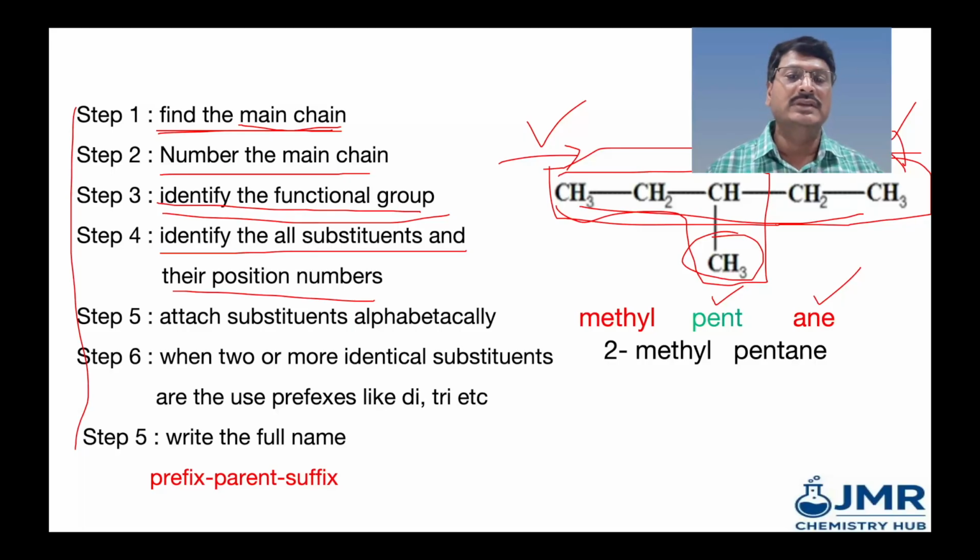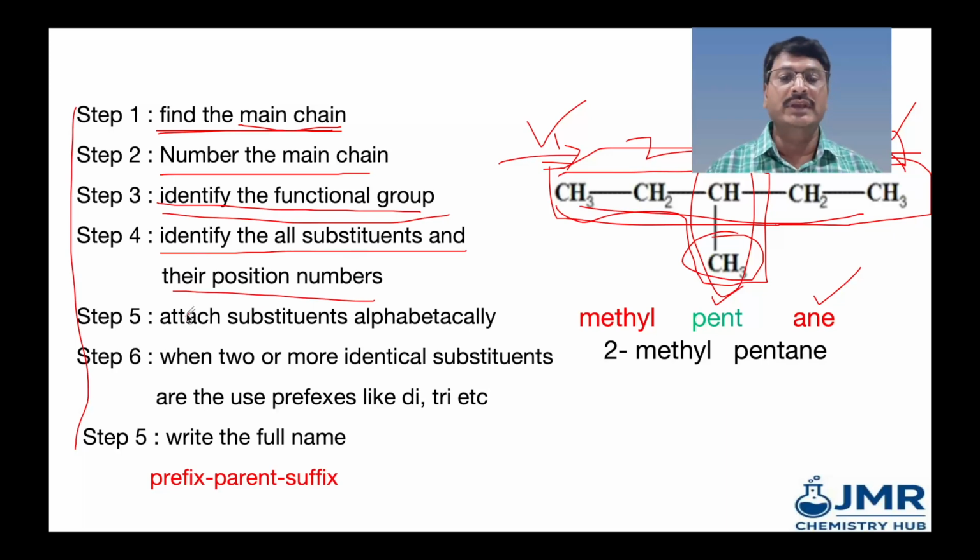You have to select the side where the substituent gets the lowest number. For example, from this side 1, 2, 3, and from this side 1, 2, 3. If you get the same number, you can write the numbering from either side and you will get the same name. So identify the substituents and their positions.